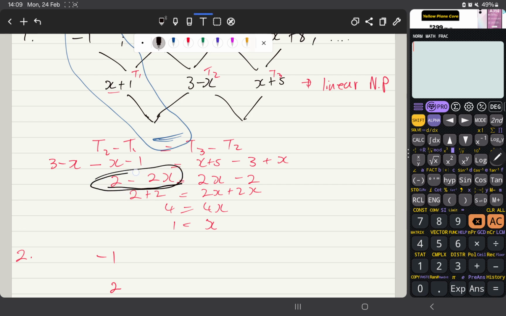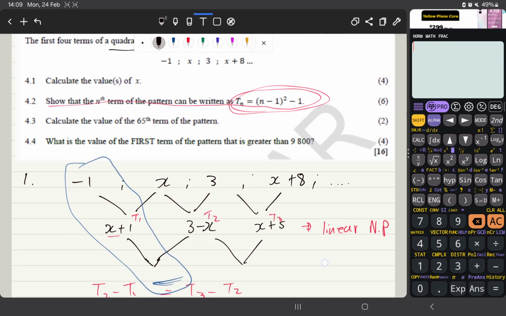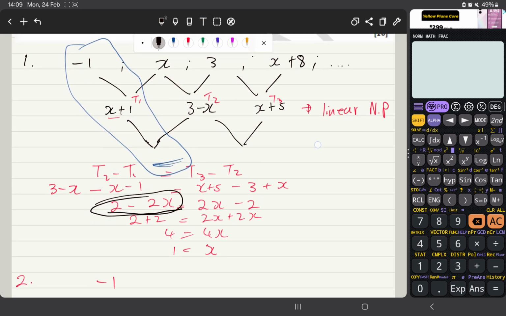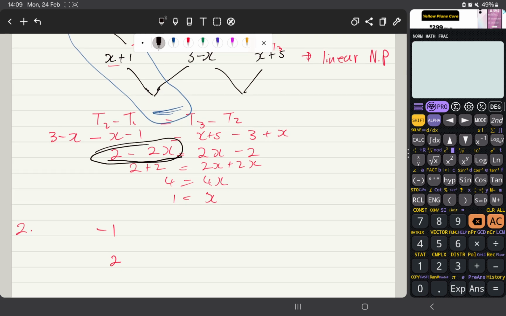If I substitute 1 there, what do I have? I have 0. Which is quite interesting. Yeah, okay, I don't believe this, but this has to be 0.